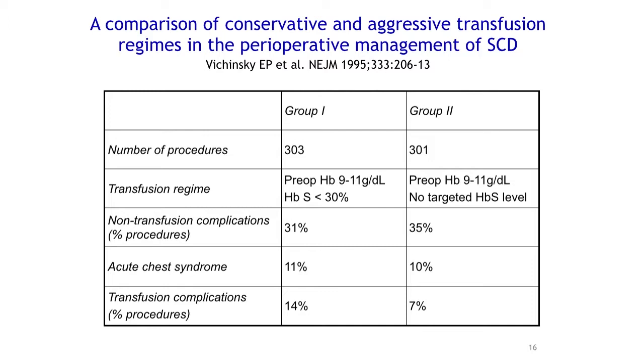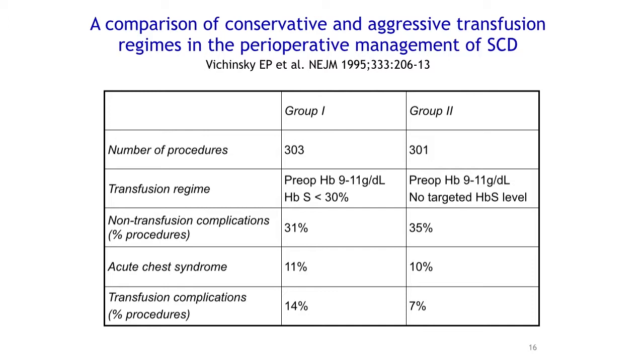In other words, the aim was to reduce the sickling percentage to below 30%. And they compared these to another group who had a conservative approach in transfusion before the surgery. Here, they aimed at elevating the HB to 10 grams per deciliter with a range of 9 to 11.